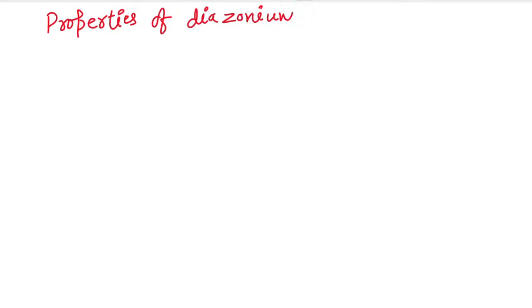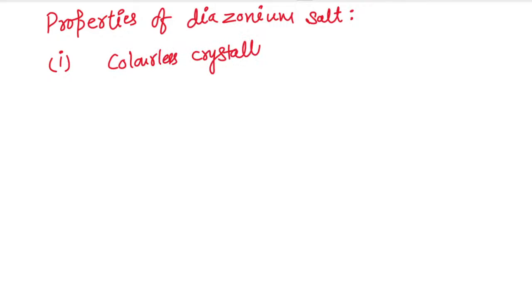Now next is the properties of diazonium salts. Diazonium salt is an ionic compound, so it is a colorless crystalline solid.